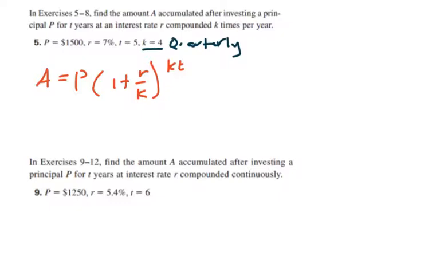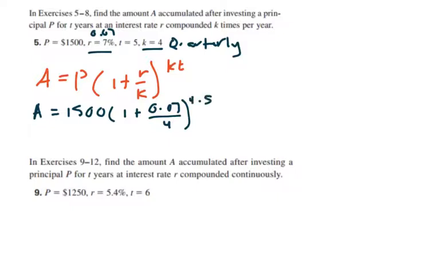Then we get to plug in each of those pieces. We're trying to find A. Our P is 1500, 1 plus an R, which is 0.07 again, over K, which is 4 for quarterly, and then to the 4 times a T of 5.